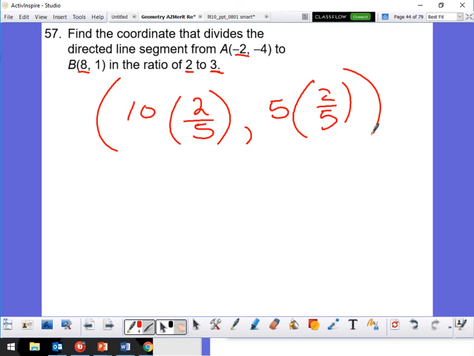All right, so now what am I doing to this? Multiply, so I get 4. So this is what I'm moving. So it's going to be x plus 4, and this one's going to be y plus 2.